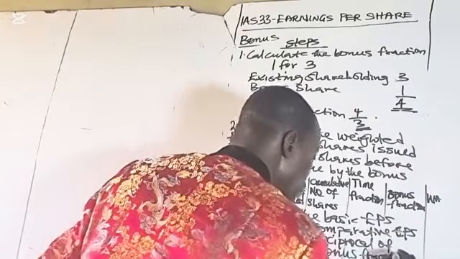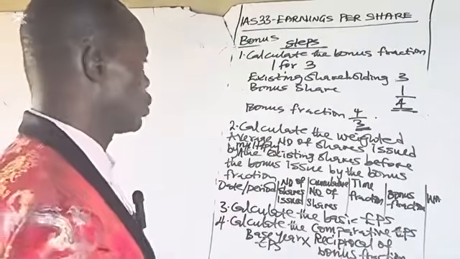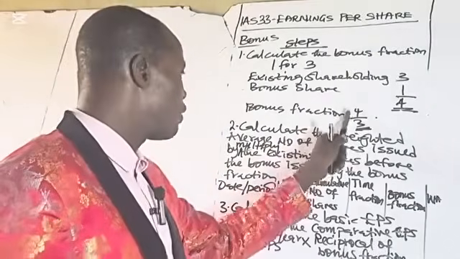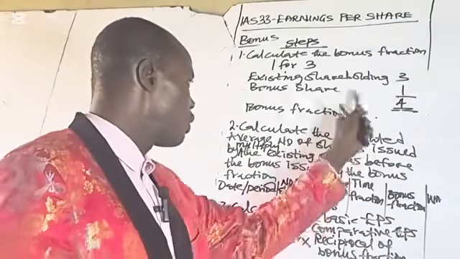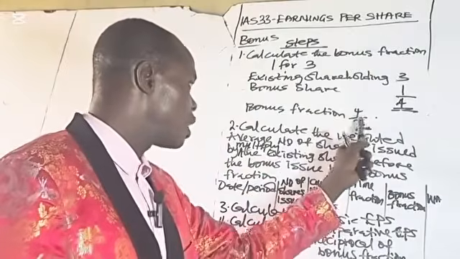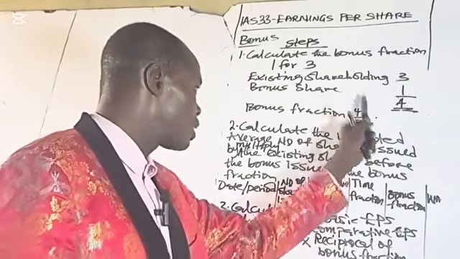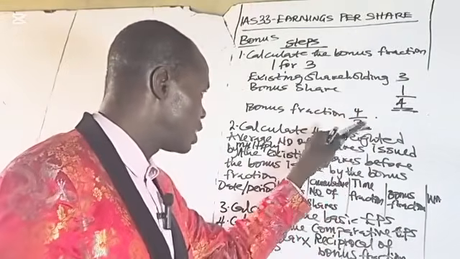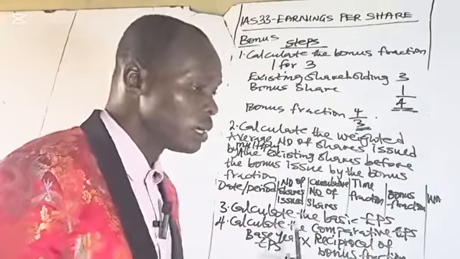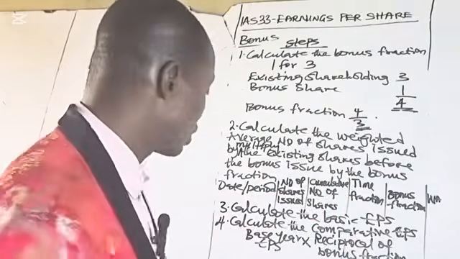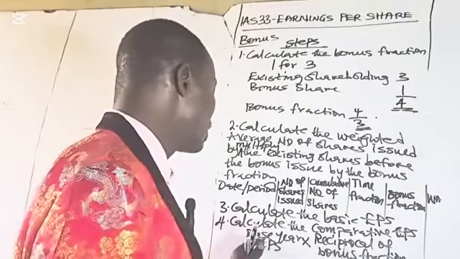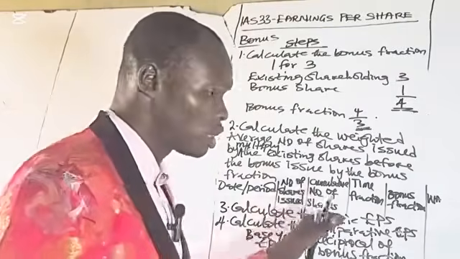Reciprocal means 1 over the bonus fraction. Suppose the bonus fraction is 4 over 3, so the reciprocal of it becomes 3 over 4. What you have in the denominator, if you have 1 over this, the numerator comes to the denominator, while the denominator goes back to the numerator. So those are the steps you need to follow when calculating the EPS involving bonus issue.